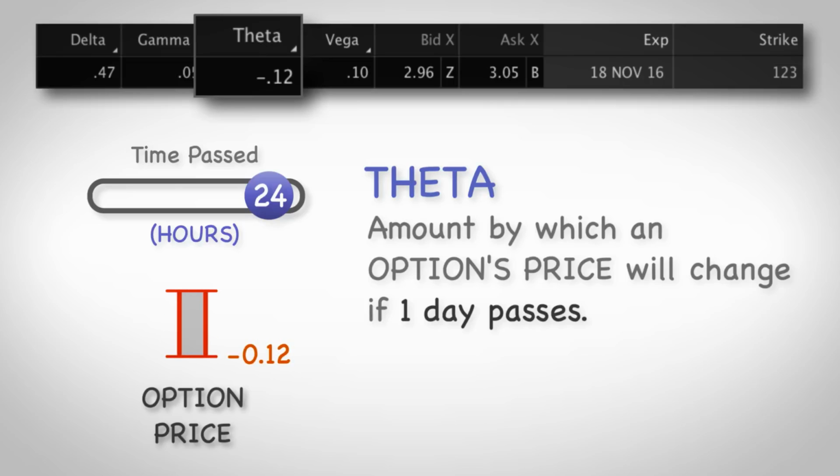Now, keep in mind, this doesn't mean that this option will for sure be 12 cents lower tomorrow, because remember, all three of these factors will affect an option's price each day. What this does mean is that if the stock's price doesn't move and implied volatility doesn't change, then the option's price should be 12 cents lower than it is now.